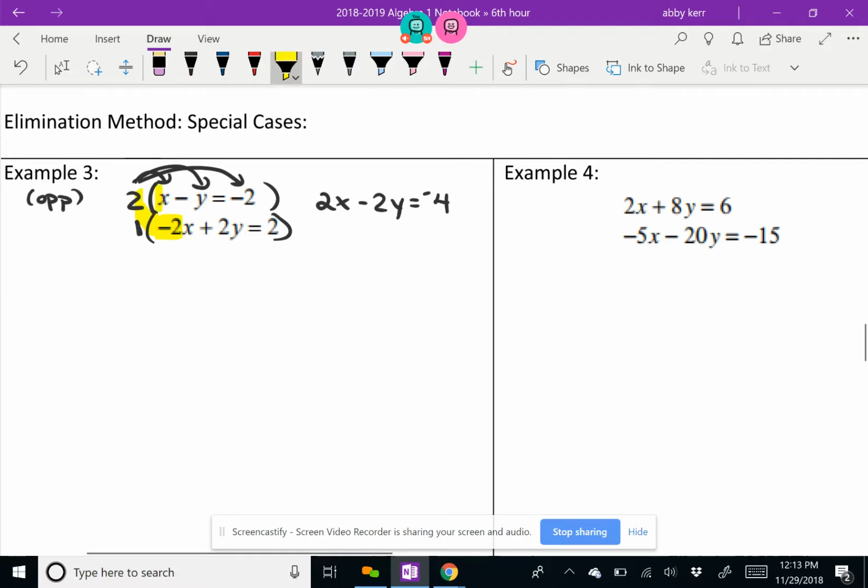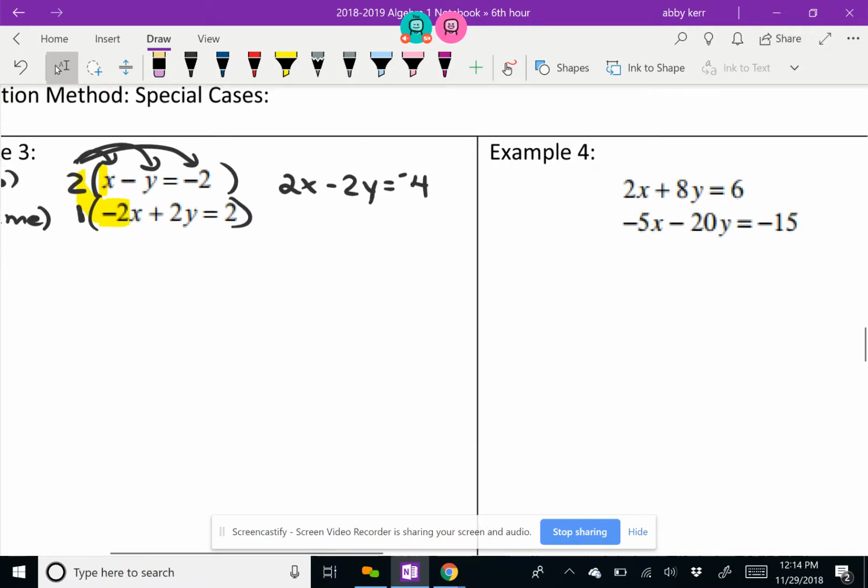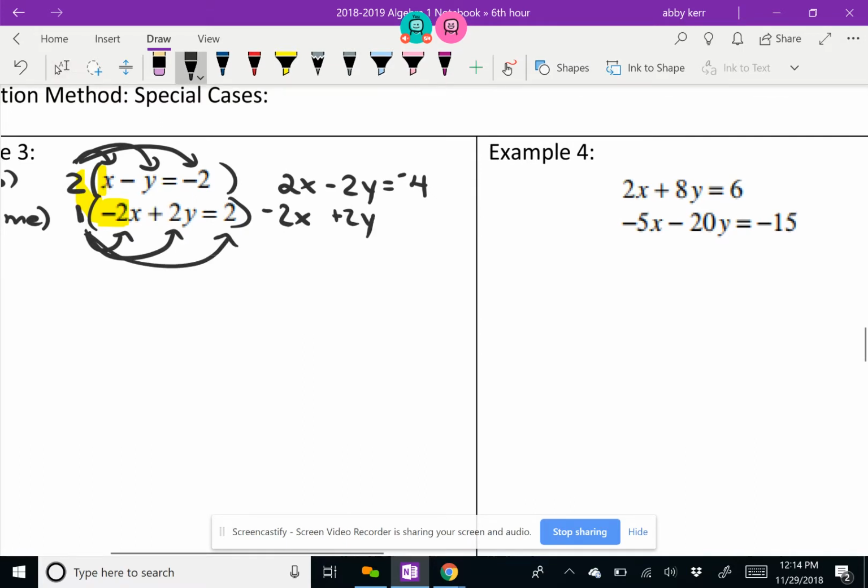So the first coefficient's 1. So I'm going to multiply by 1. You only want to change one of them. You only do the opposite of 1. So 1 times negative 2x is negative 2x. 1 times 2y is 2y. And then 1 times 2 is 2.